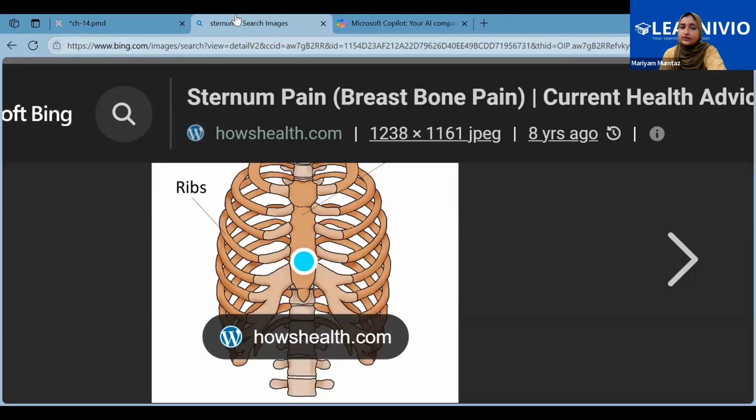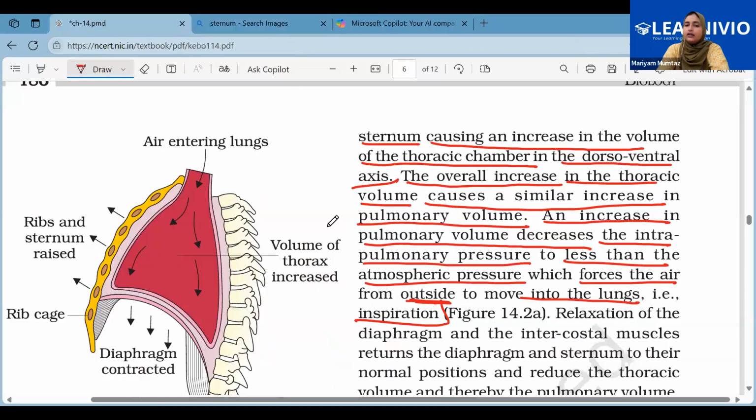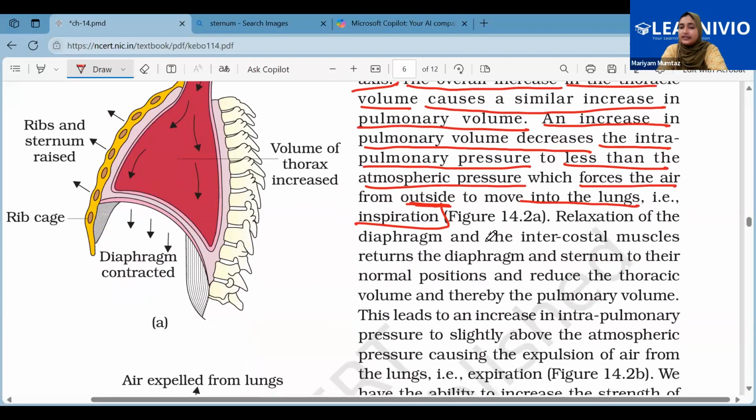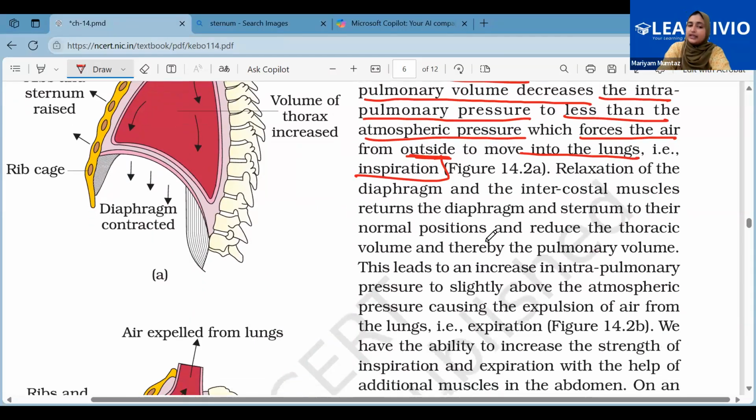So this sternum also lifts up while we are breathing in. Now, let's talk about breathing out. During the breathing out process, the diaphragm, since it was contracted, will now relax. The intercostal muscles will return the diaphragm and the sternum to their normal position.